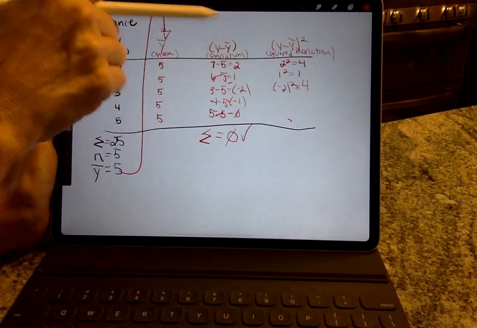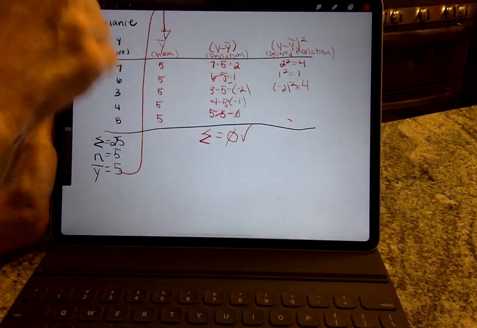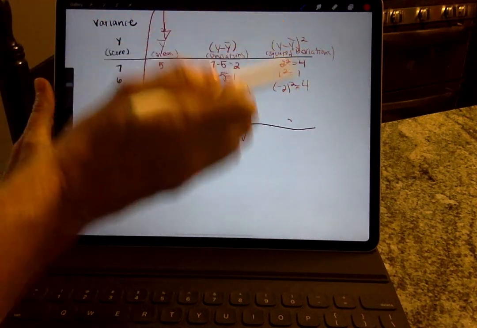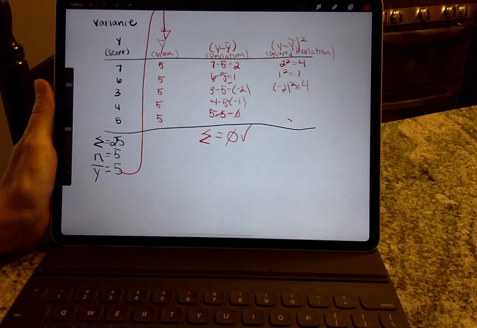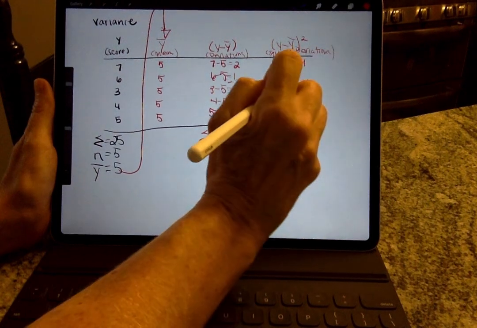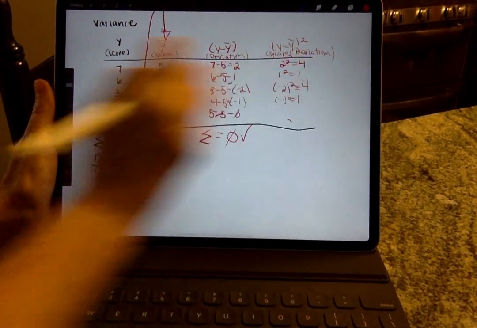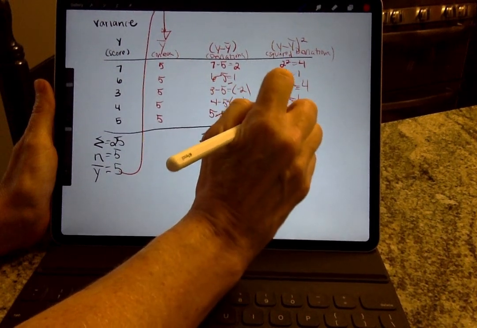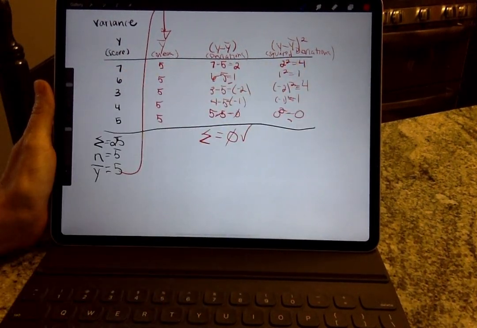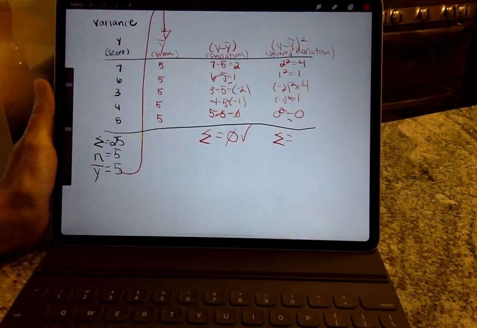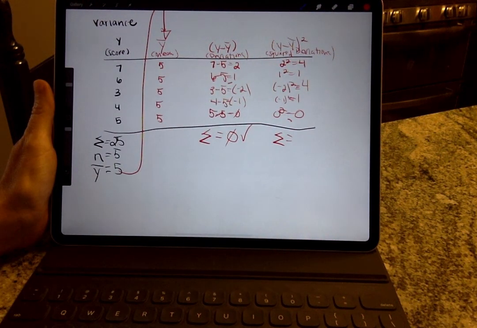So it doesn't matter if you have negative numbers in the deviations column. There should be no negative numbers in the squared deviation column. Every number squared is positive. So negative 1 squared is also positive 1, and 0 squared is 0. Now we add up the squared deviations.